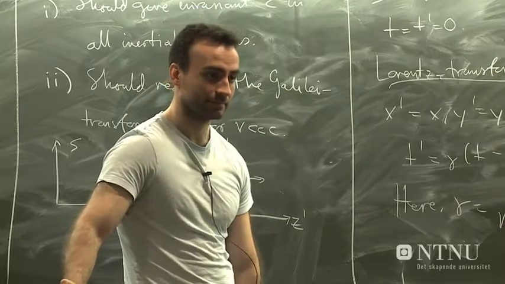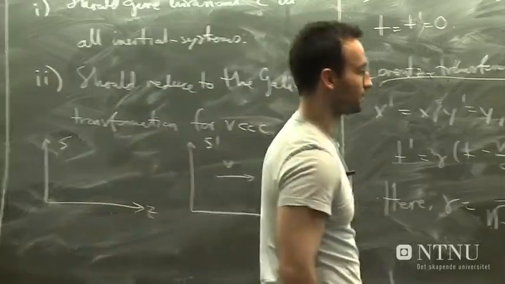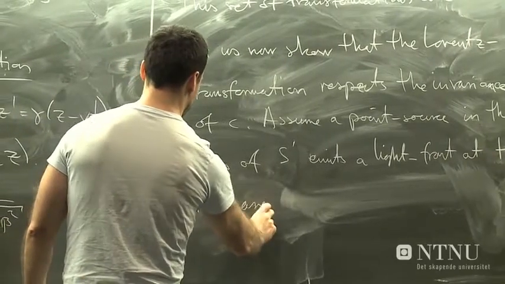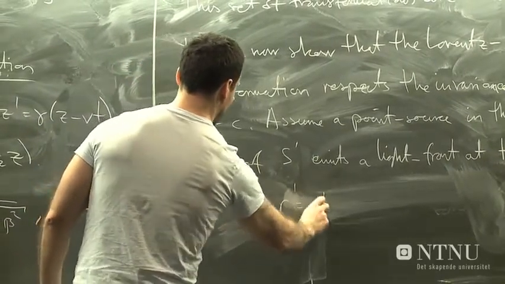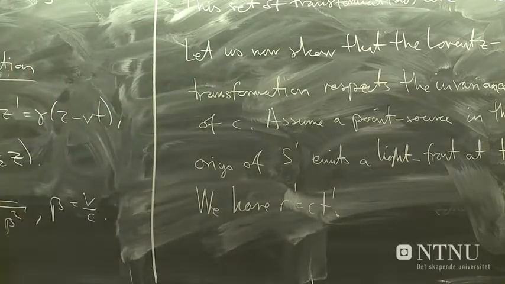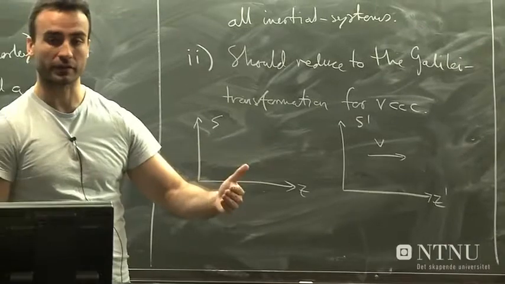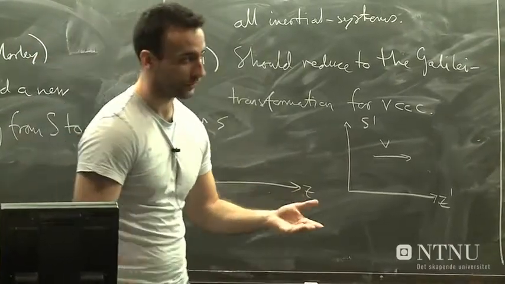R equals c times t? Yep. So for an observer in this prime system, the position of the light front is simply its velocity, being constant, multiplied with time.